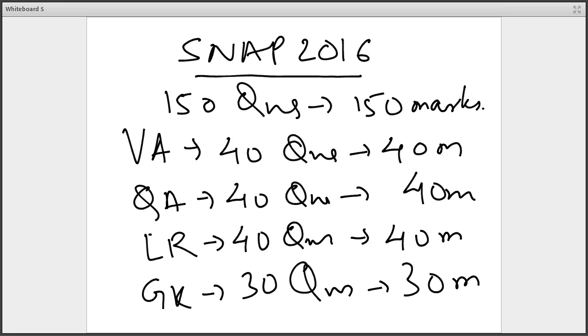Cont, out of 40, you should be doing 27 plus. In GK, out of 30, you should be doing 20 plus. And overall, out of 150, you should be targeting overall attempt of 120 plus.